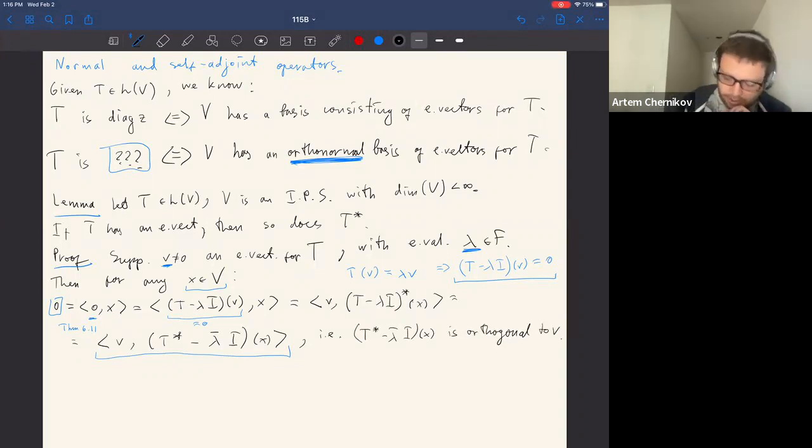Or equivalently, v is orthogonal to this vector. And here x is arbitrary, right?